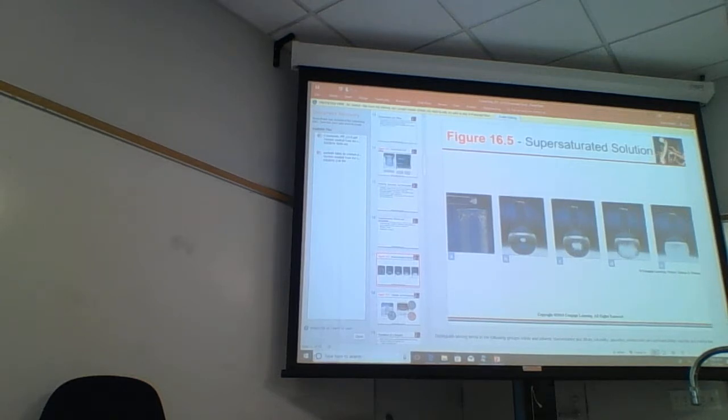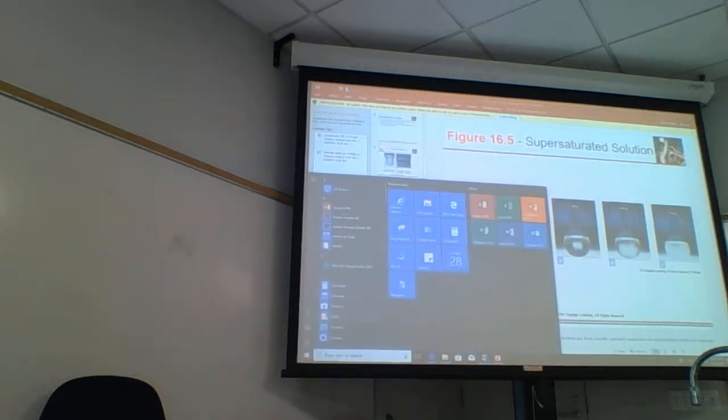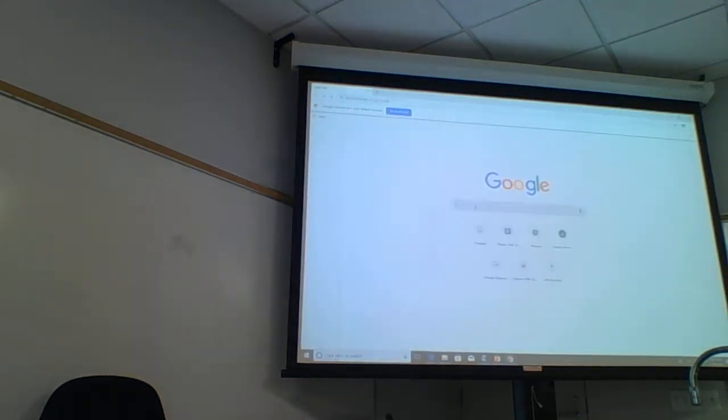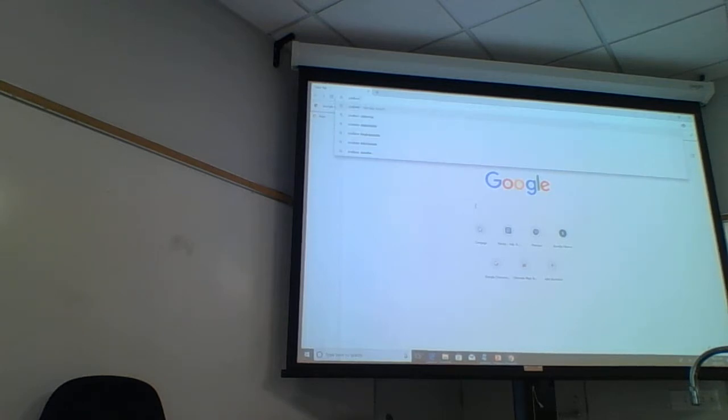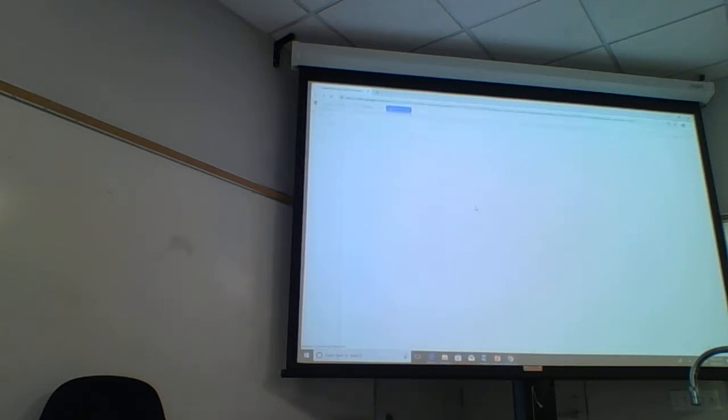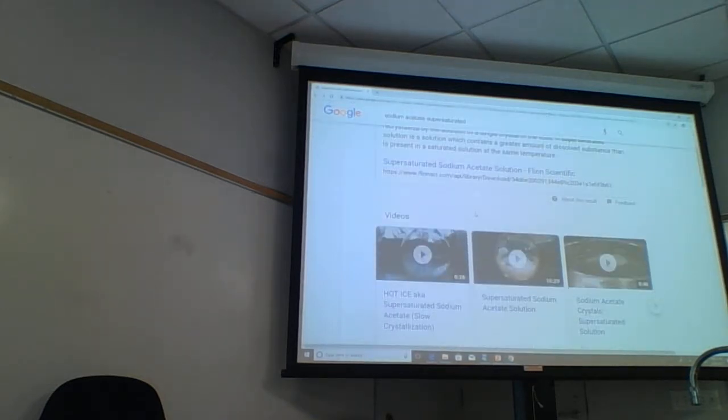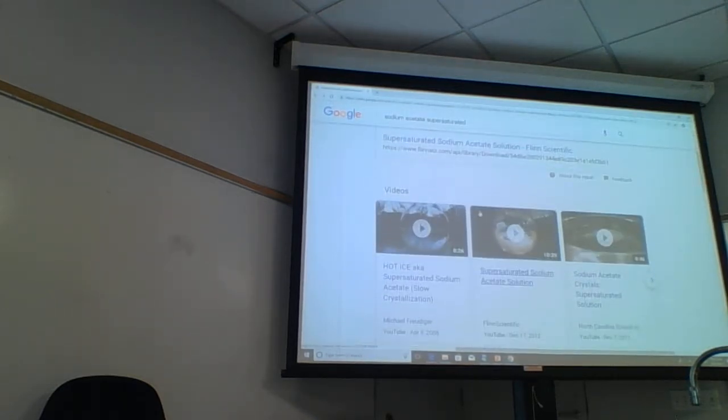Now, let's take a look. It's probably better to see this as an animation. Supersaturated. The reason is when you look at the acetate ion, what is the shape of the acetate ion?